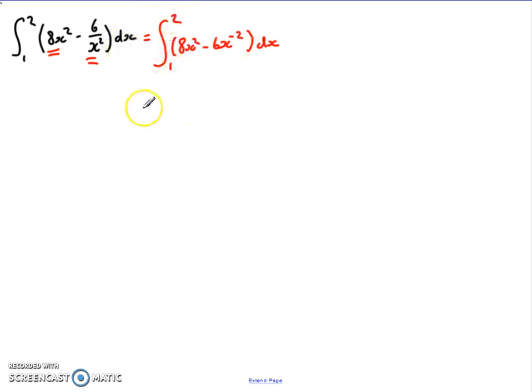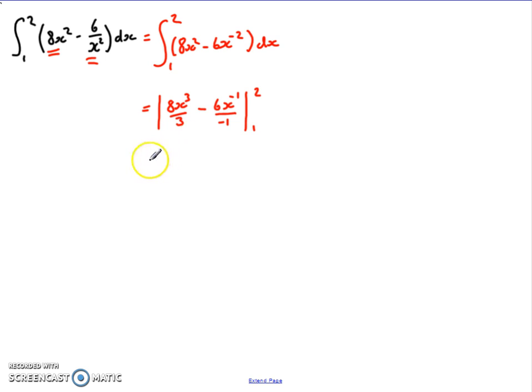Now it's the same set of steps we would have if we integrated. Raise the power, divide by the new one. So it's going to be 8x to the power of 3 over 3. Take away 6x to the negative 1 divided by negative 1 from 1 to 2.